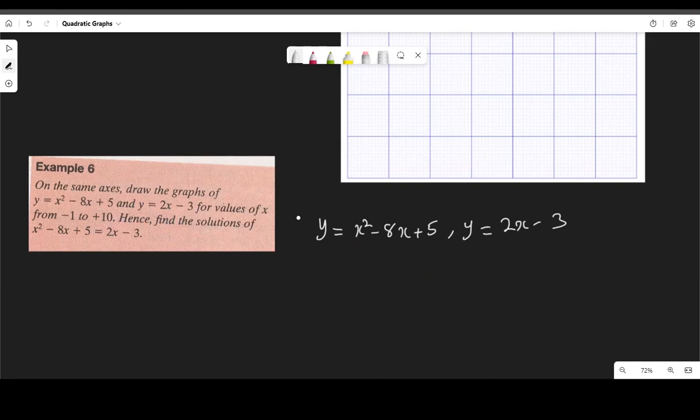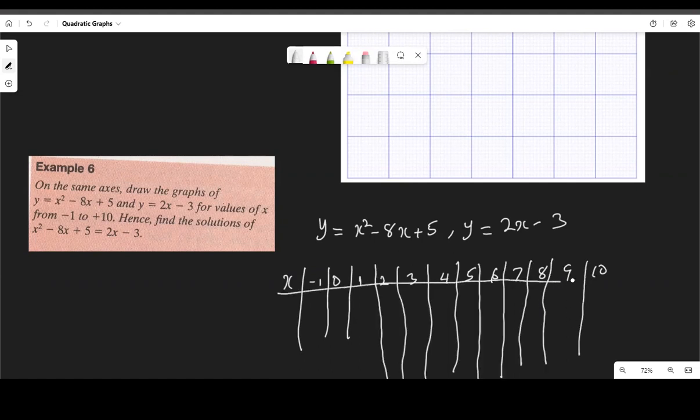So let's prepare a table of values for this quadratic equation first. My x starts from -1 to +10. So -1, the next one should be 0, the next one should be 1, 2, 3, 4, 5, 6, 7, 8, 9, and 10.